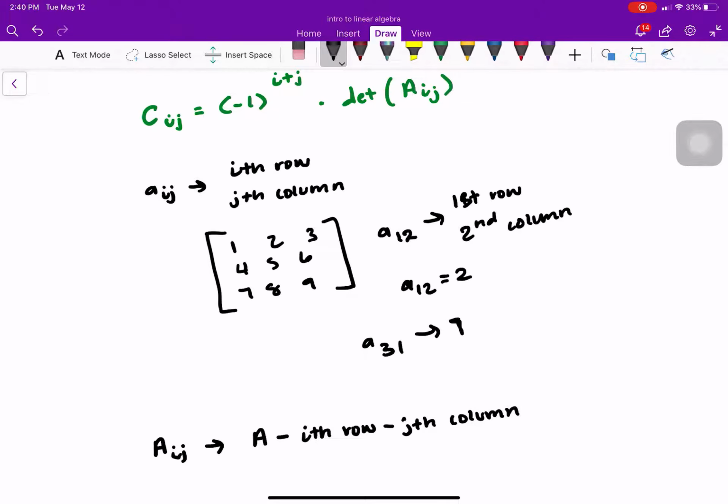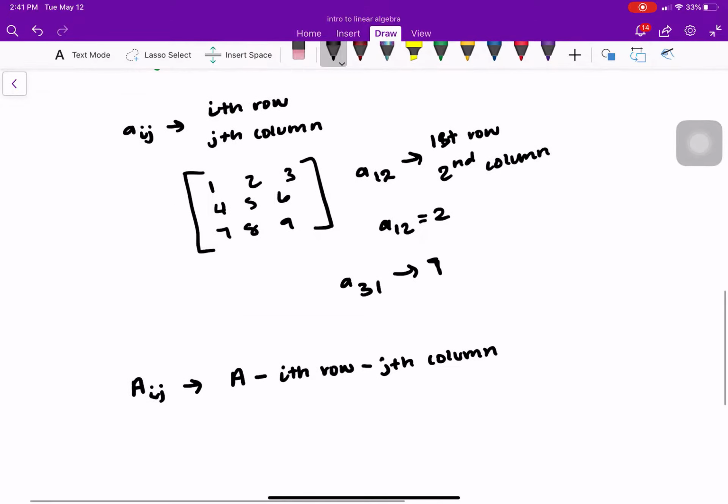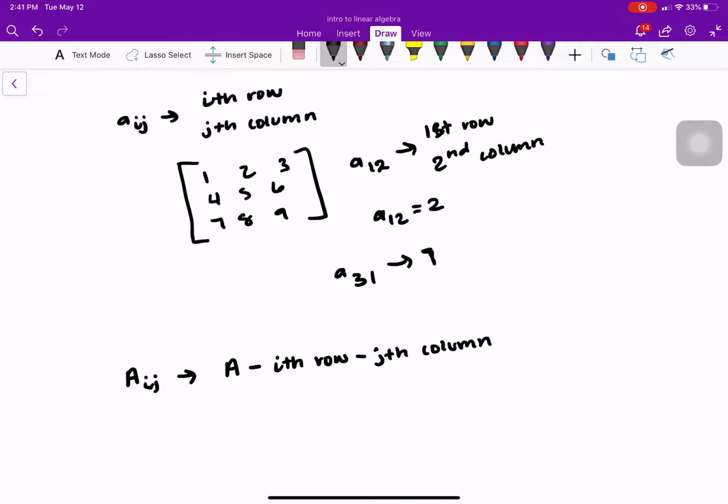I don't mean that mathematically, like taking A minus something, because you can't do that given the properties of matrices. I mean it intuitively. We take whatever matrix we're given, take away the ith row and the jth column, and whatever's left is equal to capital A_ij.